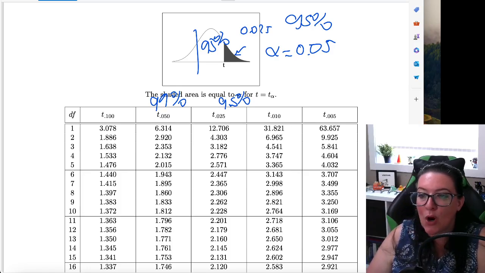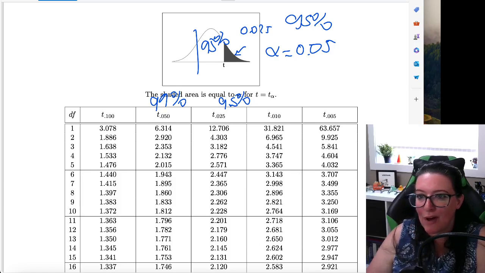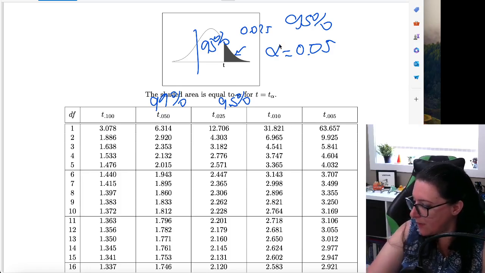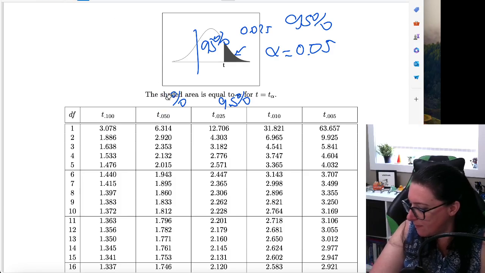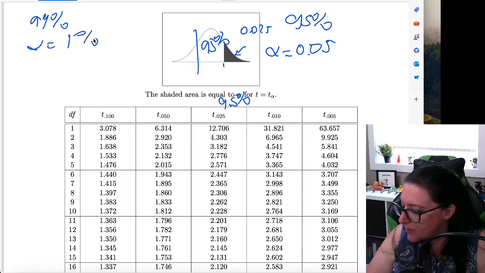And if you are doing a 90%, then that's an alpha of 0.1. And I got these mixed up here. Let's do this. Let's write it out. 99% has an alpha equal 1%.